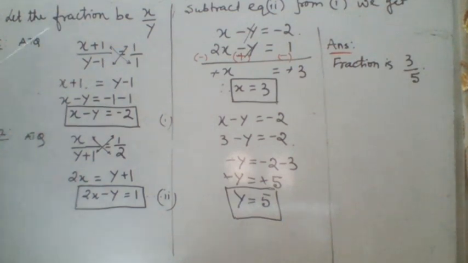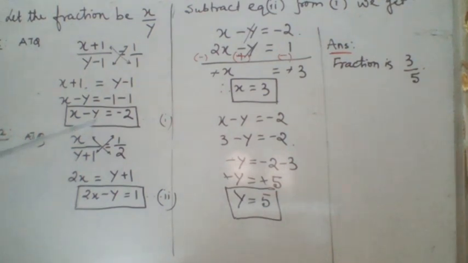The fraction becomes 1, which means 1 upon 1. Now you do cross multiplication and you get the linear equation. And in the second case, the numerator remains unchanged, the denominator is increased by 1. So the fraction becomes 1 upon 2. Now again cross multiplication, you get the other equation.